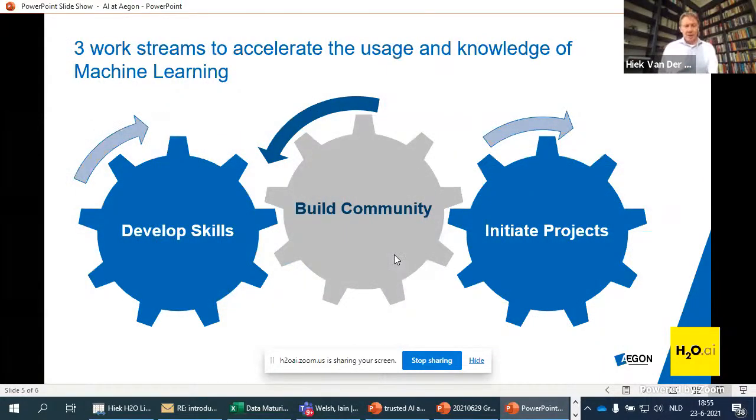One of the things that I pushed in kind of 3 work streams is on one hand, developing the skills in the AI space. In the beginning, but well, it's still going on, it was important to really create a community of, let's say, the evangelists in this space, because the specialists were kind of scattered in this firm.